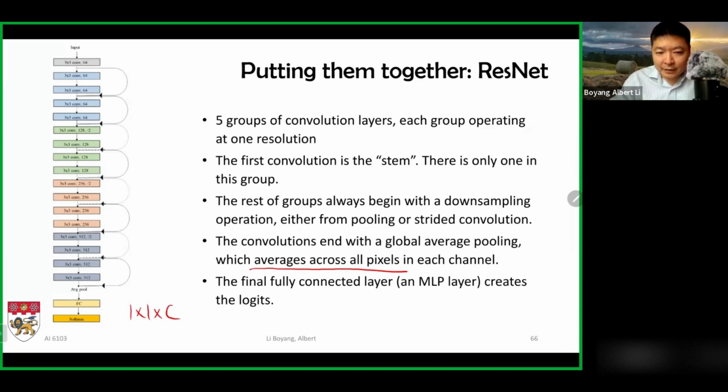And after that, we flatten this tensor to a single vector, and that gets fed into the MLP layer, which gives you the logits. And the logits go through softmax to become a valid categorical distribution over the classes. So the classes are determined by the dataset.